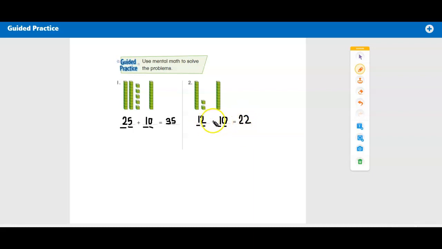So 12 plus 10 is equal to 22. We can use our mental math by first adding the tens place together, then the ones place.